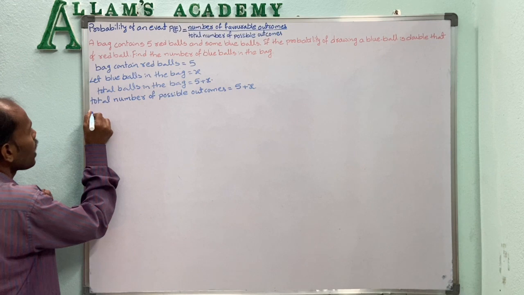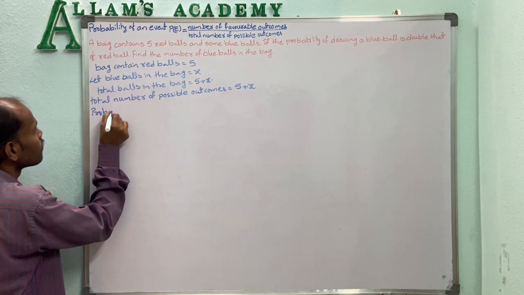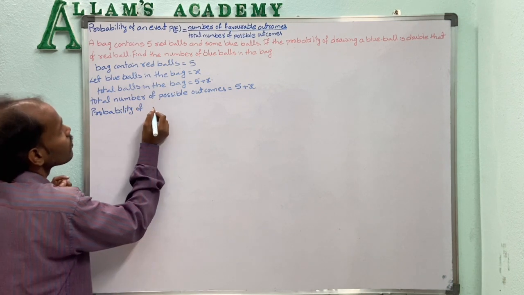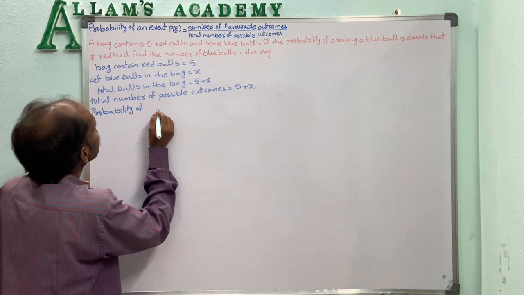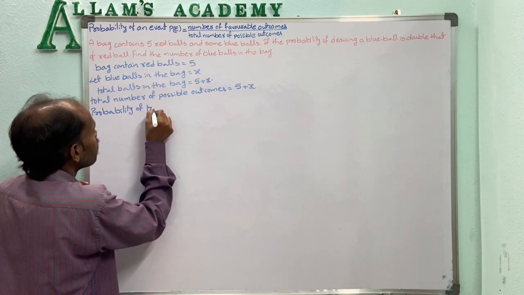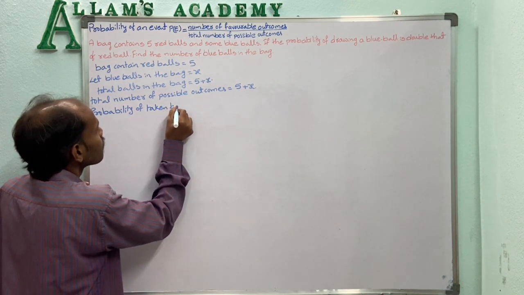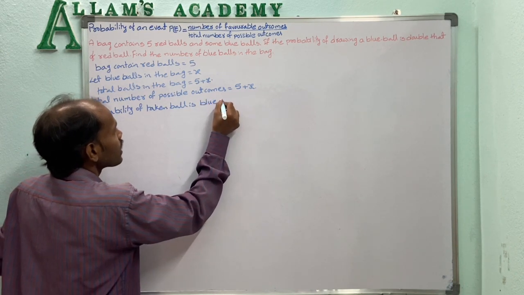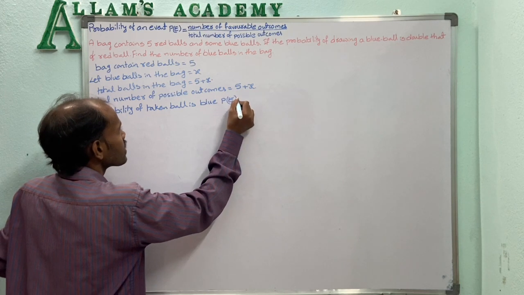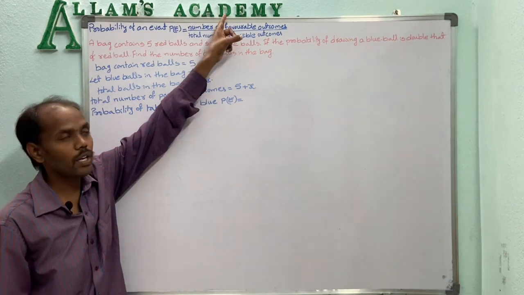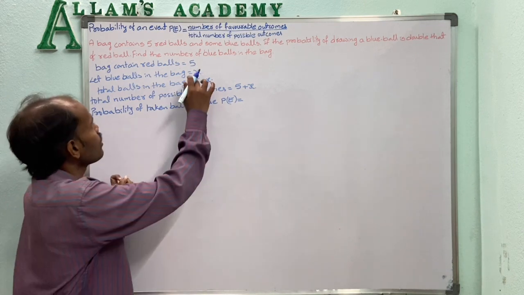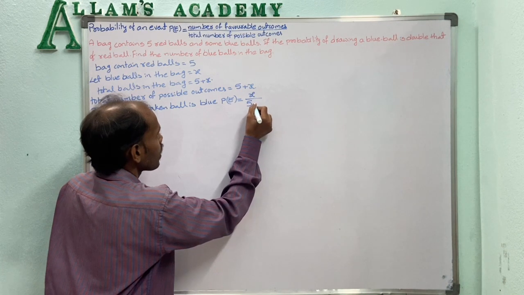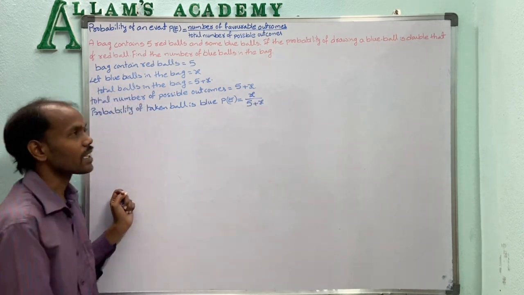So the probability of the taken ball being blue, that is P of E, is equal to number of favorable outcomes by total number of possible outcomes. Here favorable outcomes are x and total number of possible outcomes are 5 plus x.